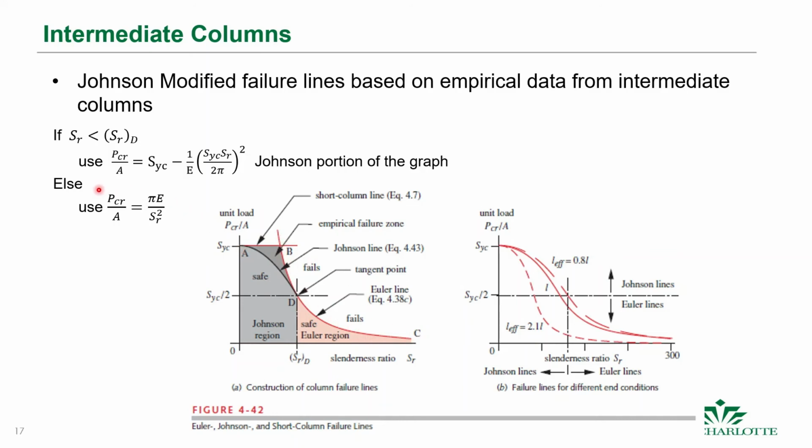This analysis is from the Euler analysis, that's what we just did. Johnson augmented this theory by fitting this line here, this black line from A to D, to the experimental data, because he found that if you were in this region, you actually had failure. As long as we stay in these safe regions, which we can separate into this Johnson region in gray and this Euler region in this reddish pinkish color, then we're okay.